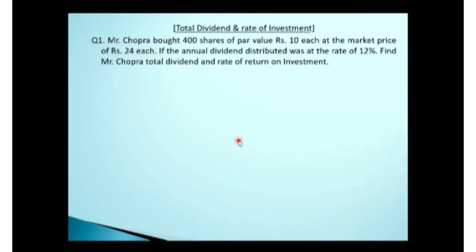First of all, we will try to extract what is given in the question. What are the data that have been given? Face value of one share is given to be 10. Number of shares is given to be 400.